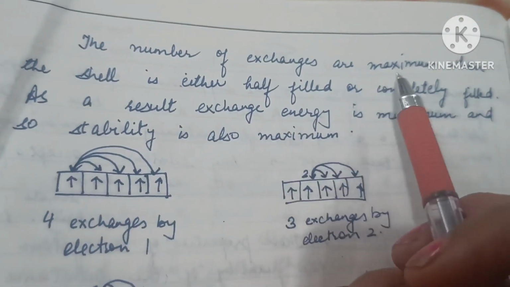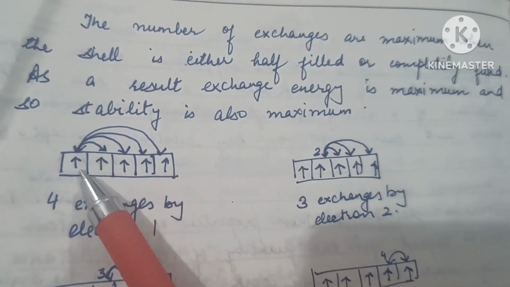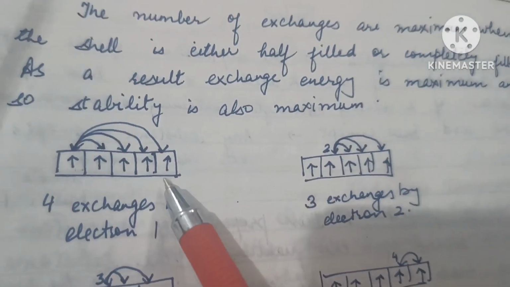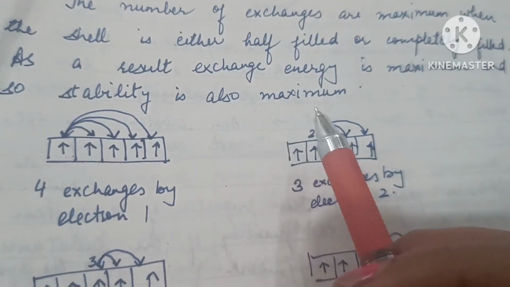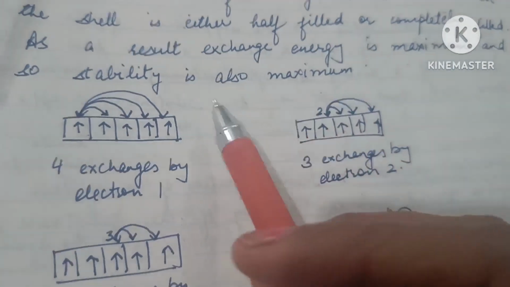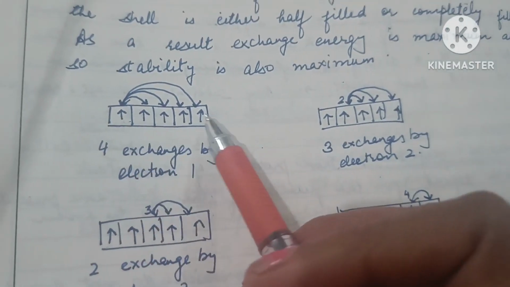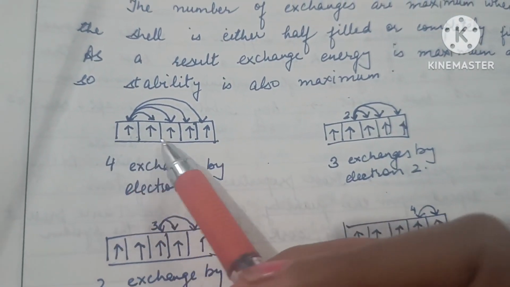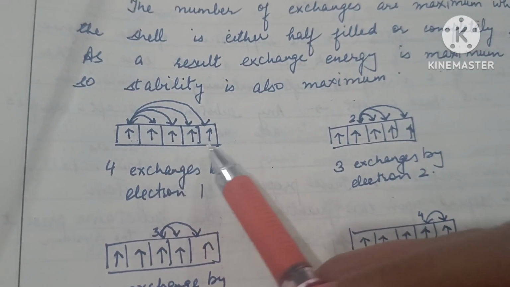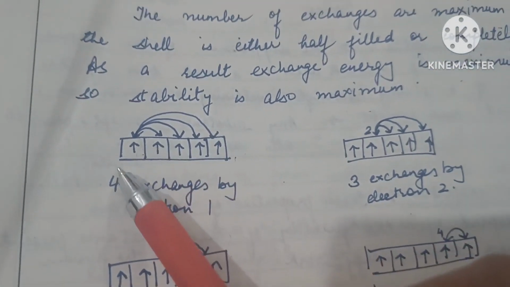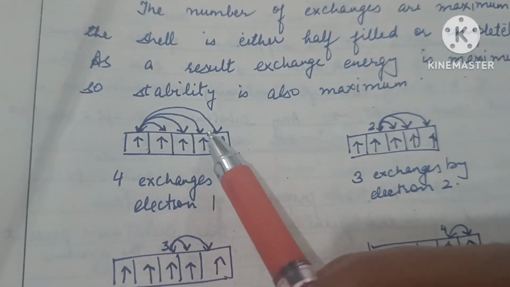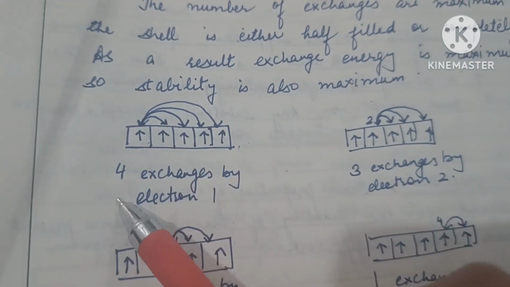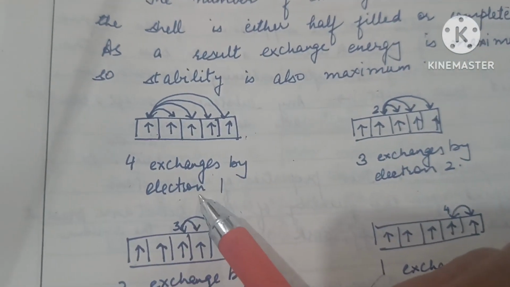Now, number of exchanges are maximum when the shell is either half filled or fully filled. As a result, exchange energy is maximum and stability is also maximum. For example, when d orbital contains one electron each, this is exactly half filled configuration. Electron number 1 can exchange its position with rest of the 4 electrons, so 4 exchanges by electron 1.